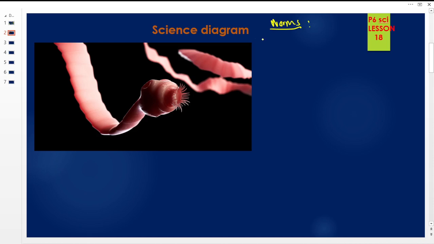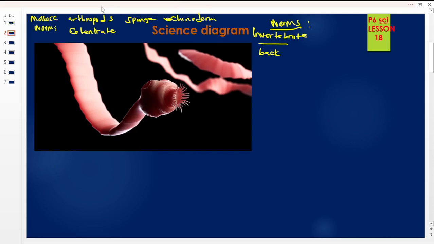In primary 6 first term, we discussed what we call invertebrates. These invertebrates, we said they don't have a bone. They are classified into 6 groups: the mollusks, the class of worms, the class of arthropods, the class of coelenterates, the sponges, and also the echinoderms, right?